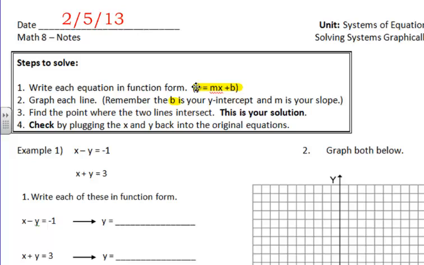Remember that b is your y-intercept and m is your slope. Going to tell us how to graph our lines. Our goal is to find the point where the two lines intersect. This will be our solution to both equations. We will then be checking our solution in both equations in their original form.